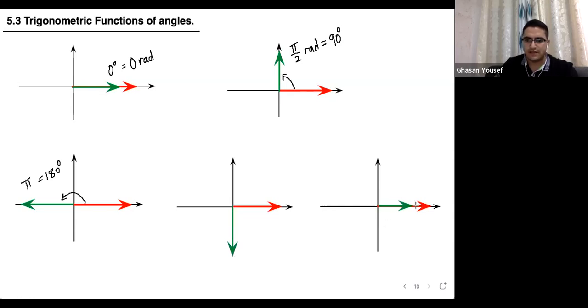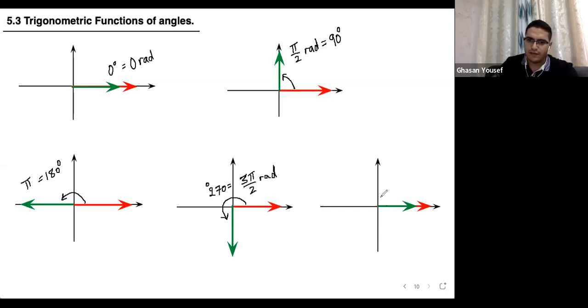And this is 360. Again, this angle is 270. 270 degree equals 3 pi over 2 radian.